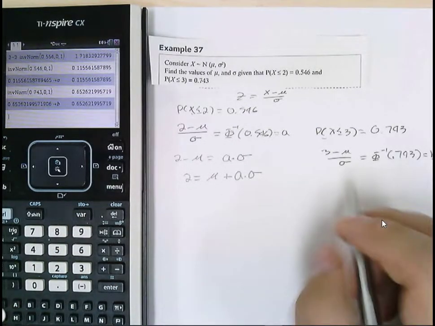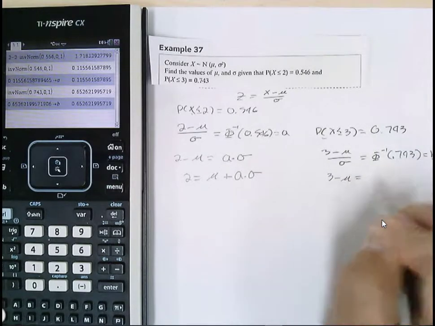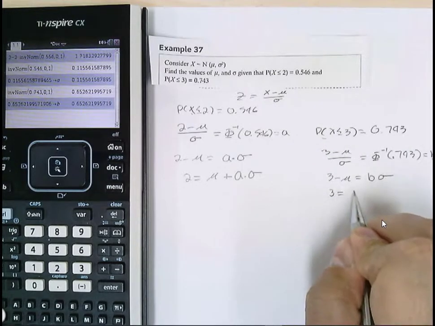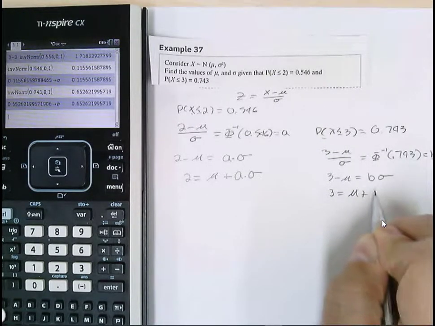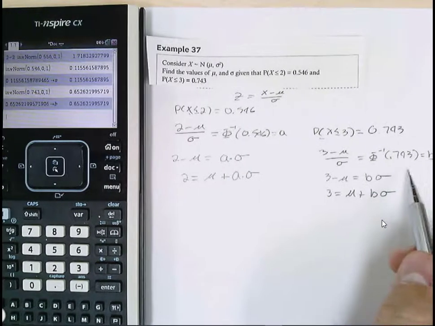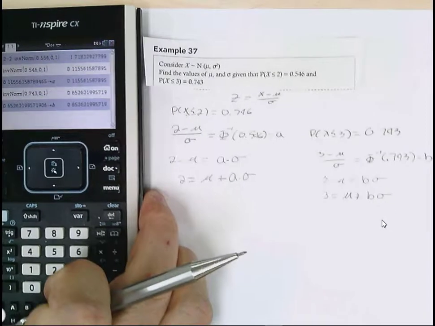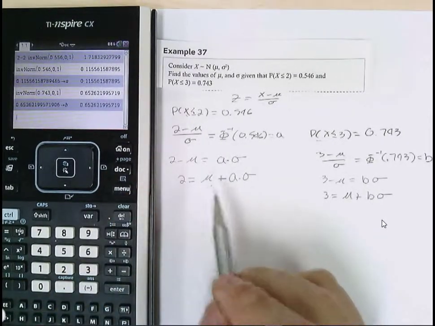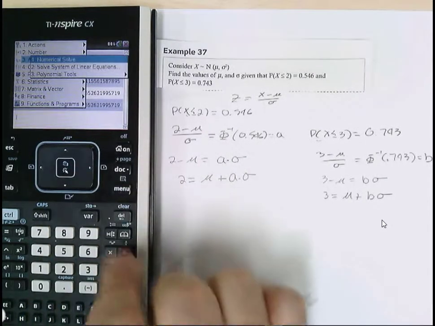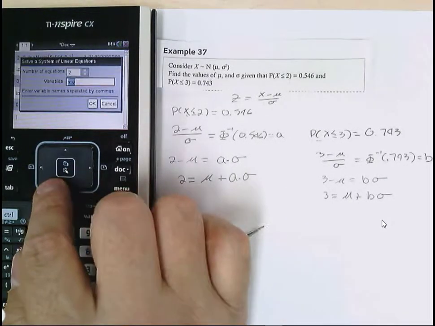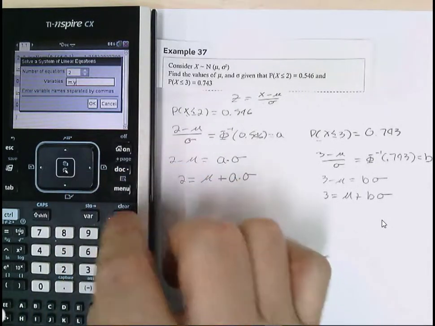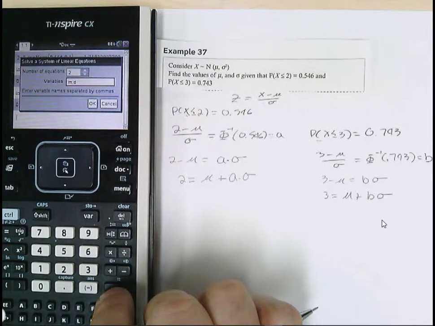So now I can solve this equation. I'll have 3 minus mu equals B times my standard deviation, and then 3 is equal to mu plus B times the standard deviation. Now remember, A and B are numbers that I've stored in my calculator, so they are constants, but my two unknowns are my mean and my standard deviation. I can use algebra systems of equations to solve this. Let's make this M for my mean and D for my standard deviation.